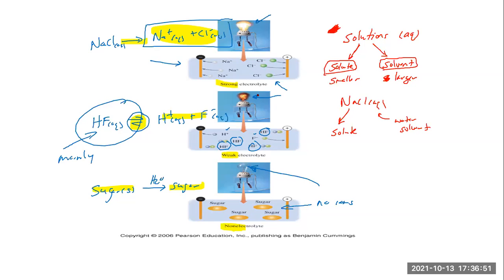Typically, if we have something polar and polar, they're going to be soluble in each other. Something ionic and polar is what happens with sodium chloride and water: the waters surround the sodium ions and the chloride ions, and that helps it dissolve.